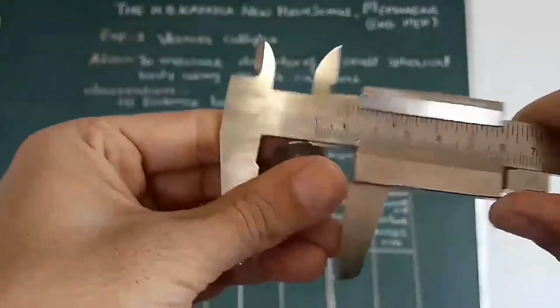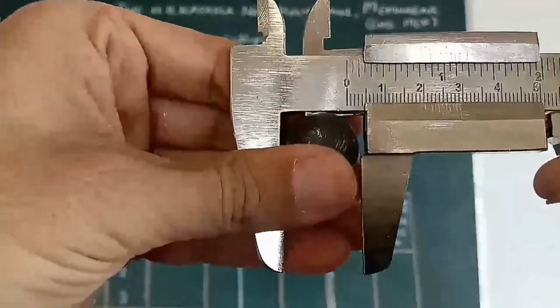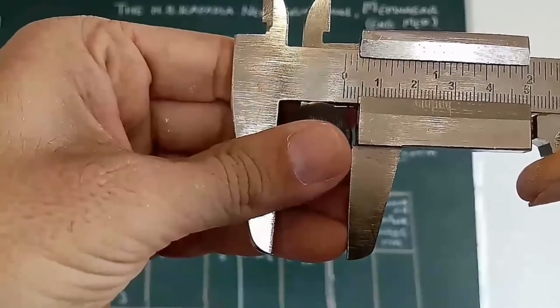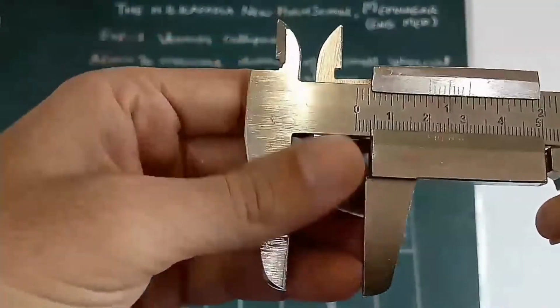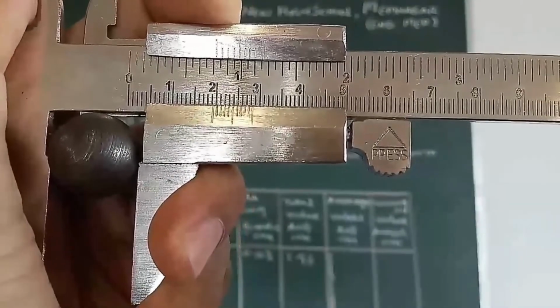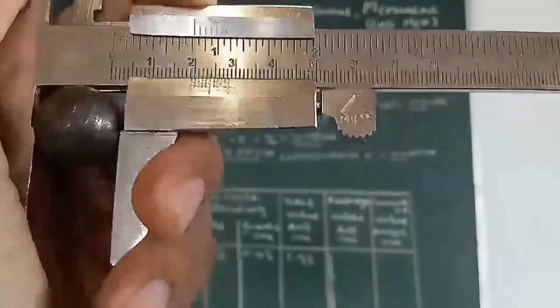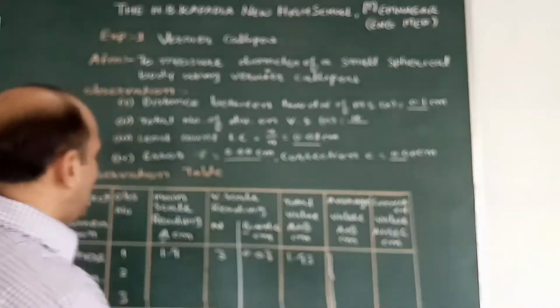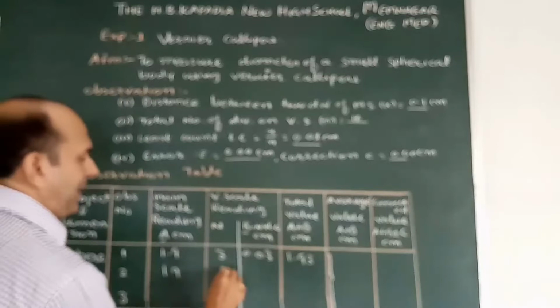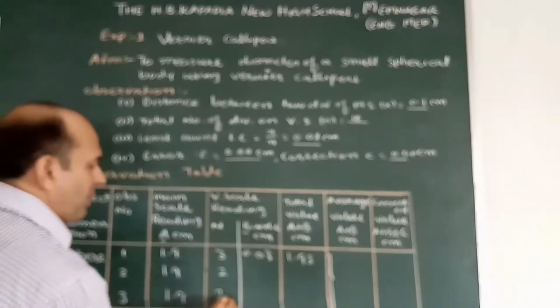Repeat it a third time. Slightly change the position of the sphere. Again fix the sphere between the two jaws of the vernier calipers and observe the main scale reading and matching division. The main scale is again 1.9 and the matching division is 2. So I will note down these readings in the observation table: second time the main scale was 1.9 and the matching division was 2, and again 1.9 and matching division 2.